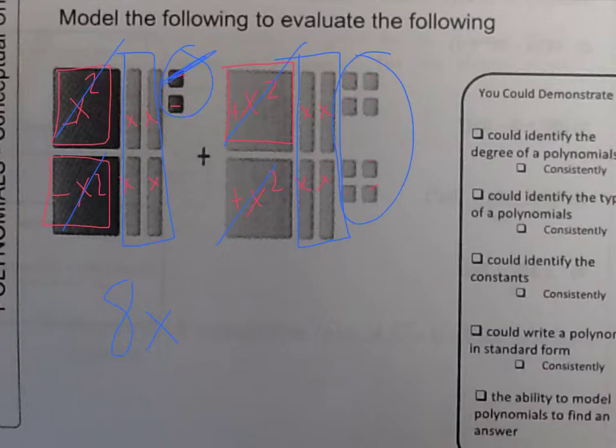This negative cancels out that positive, that negative cancels out that positive, and I'm left with 6 positives, so plus 6. And that's my answer. I leave it like that. If you chose that the negatives were positives and the white ones were negatives, then your answer would be negative 8x minus 6.